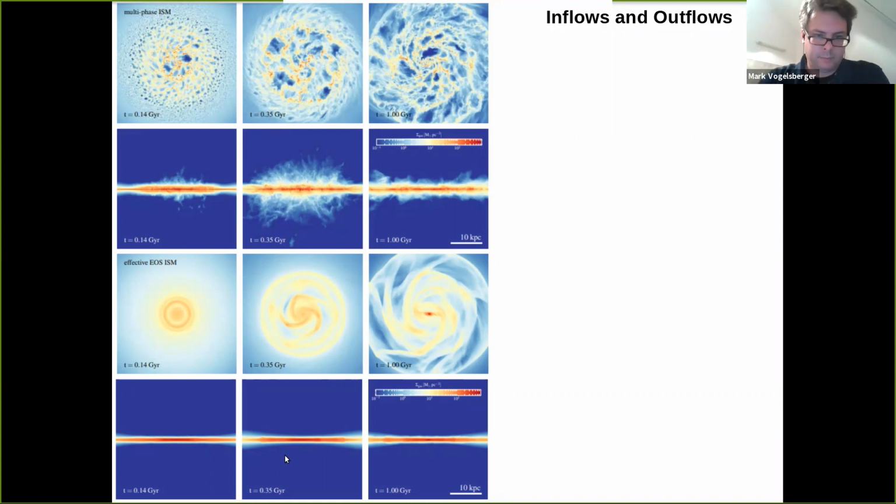Now, in the old model, you don't see any of that. So there's no outflow. So these outflows in the old models had to be put in by hand. So there's a specific wind loading mechanism that has been put in all these simulations like TNG that actually took care of galactic outflows. So this is done self-consistently in this new model. So this is simply coming from the stellar feedback here.